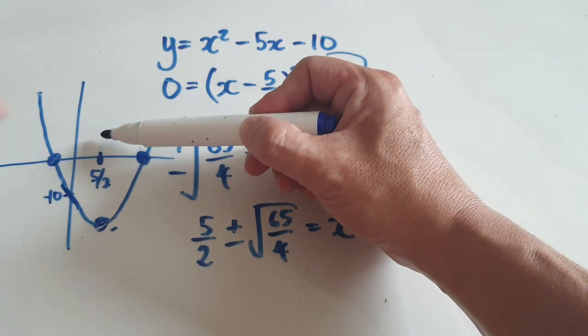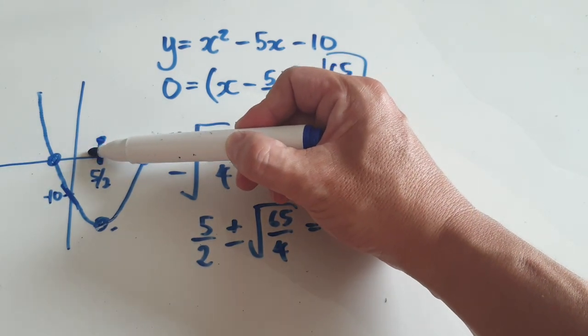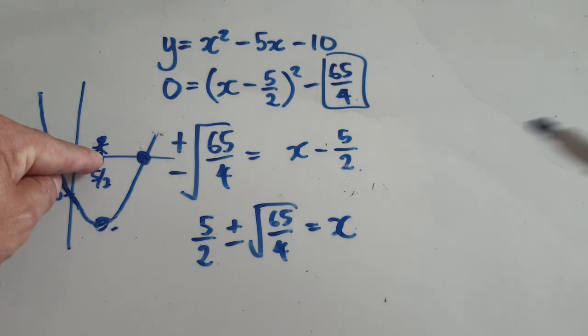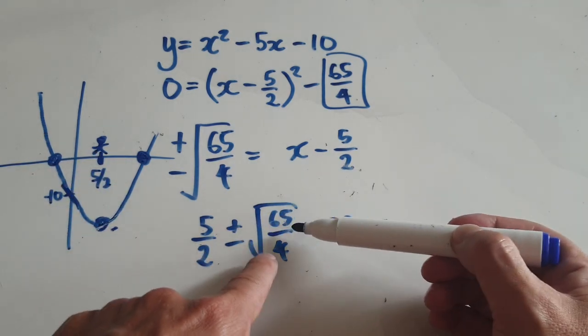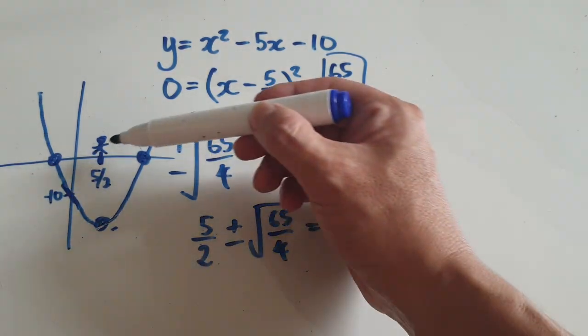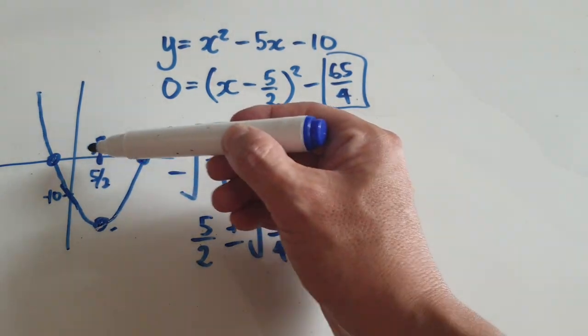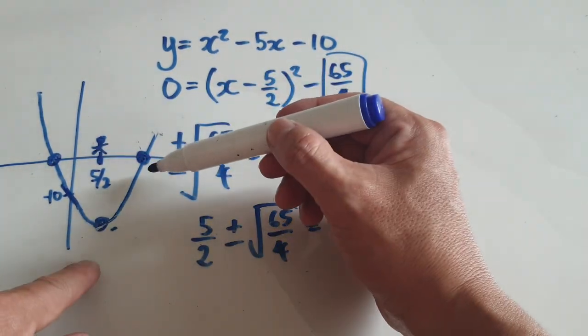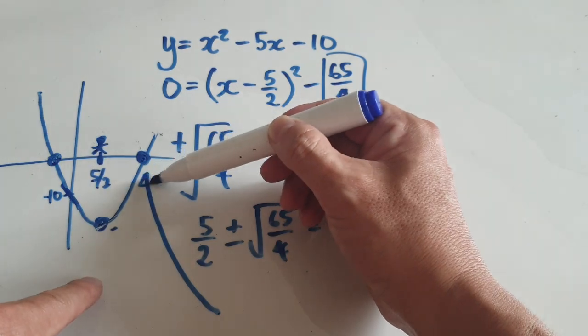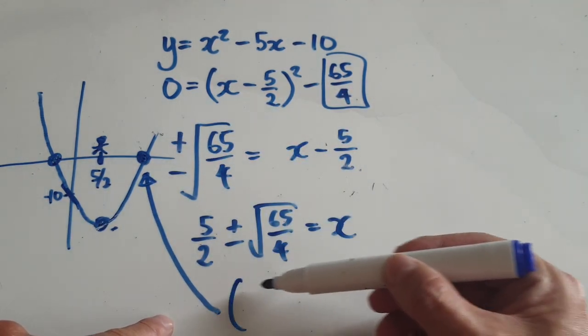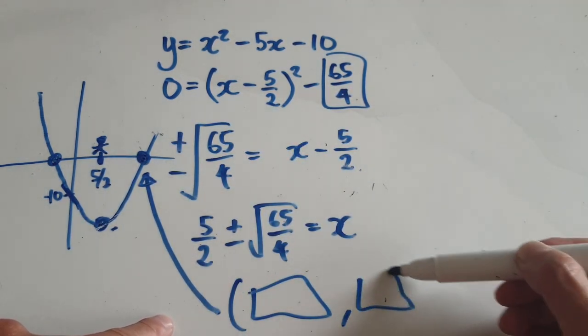So what that means is, imagine you're standing at 5/2. This is you standing here. And then if you add this weird number, it will take you to here. And then if you take away this weird number, it will take you to here. The coordinates here would be something, comma something.